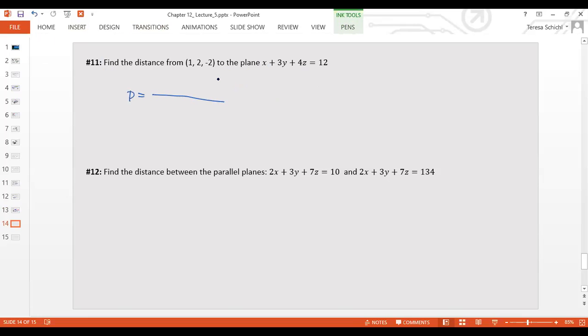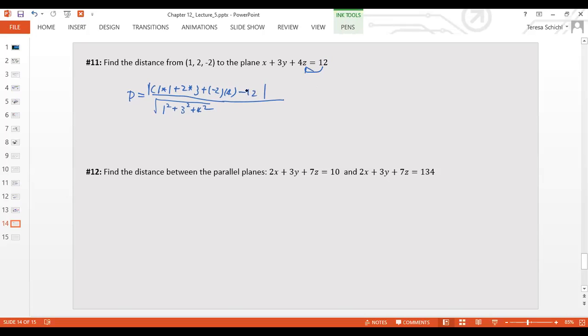It will be the square root of the normal vector squared, so it's 1 squared plus 3 squared plus 4 squared. Then the top will just be this one: the absolute value of 1 times 1 plus 2 times 3 plus negative 2 times 4, and then you move this over, so it's minus 12. So this will be the distance.